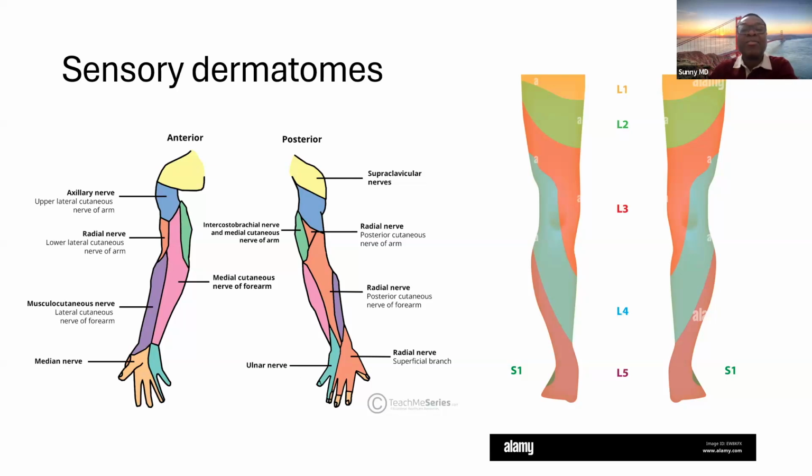The other thing you need to know is that the medial part of the leg is L4, and L5 is the lateral part, and 95% of the anterior part of the foot, which is the dorsum, is L5. Just a little bit around the little toe is S1.